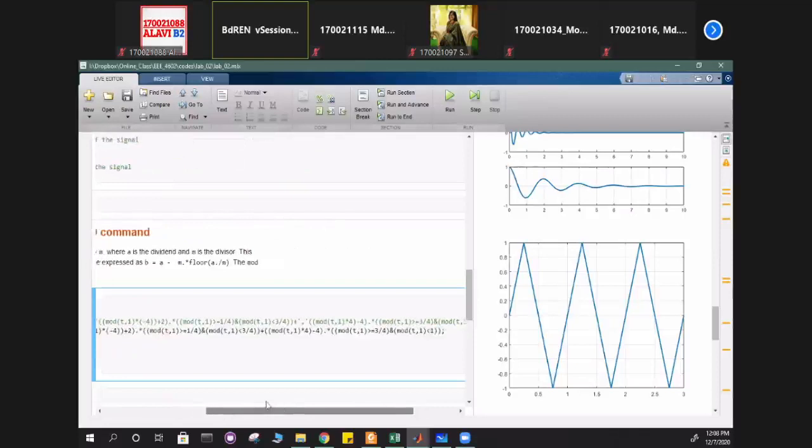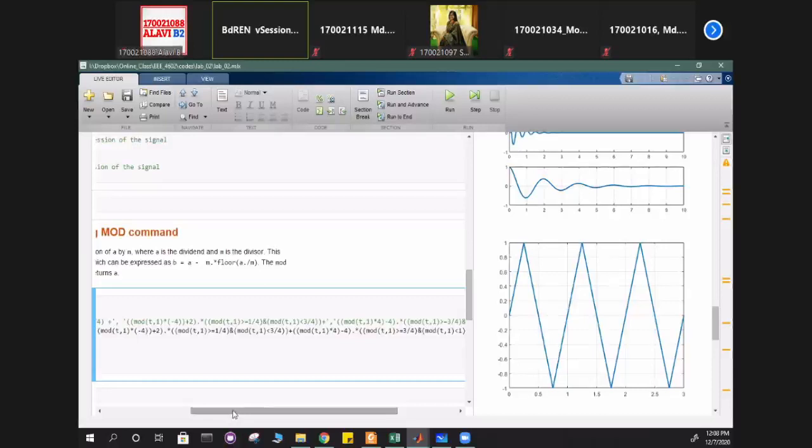But can you tell me why we have used that plus sign? Those will be added together, or what will happen? They will be added together, because if one condition is satisfied, the other conditions won't be satisfied.